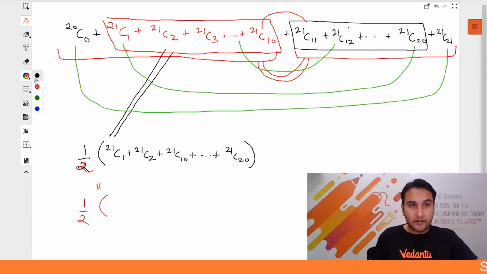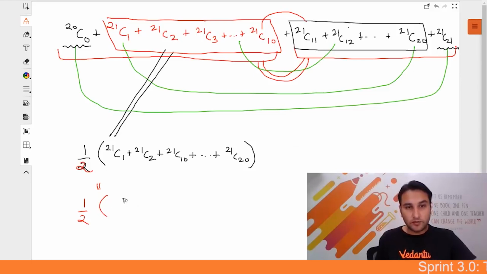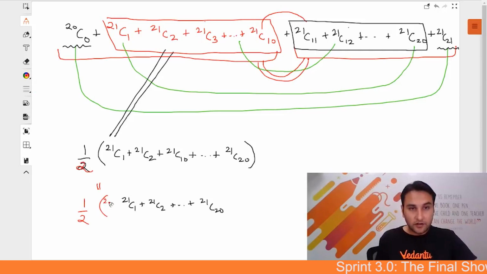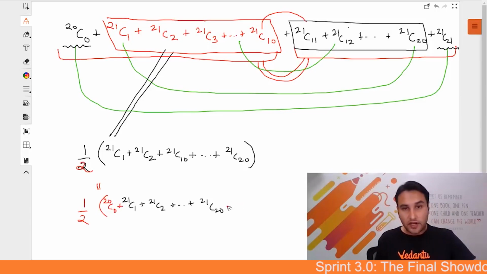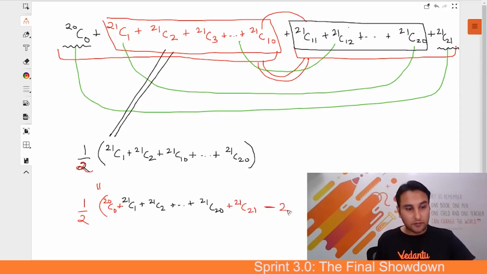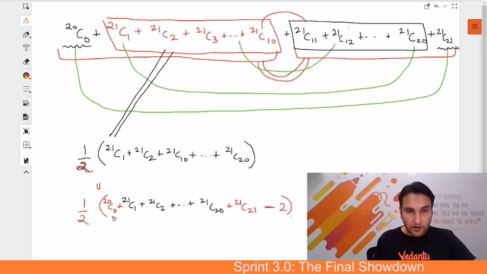Now I can also write this as half times. Now I will add this and this on both sides. So basically what I'm going to do, 21C1, 21C2 से लेके 21C20, I am adding 20C0, I am adding 21C21. But since I added these two terms, I have to subtract 2. Why? Because this is also equal to 1, this is equal to 1, and this is also equal to 1.